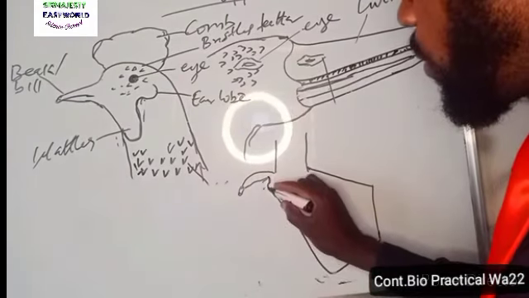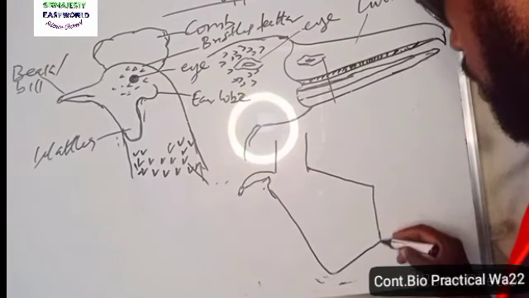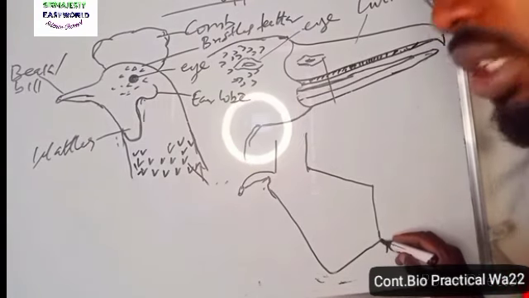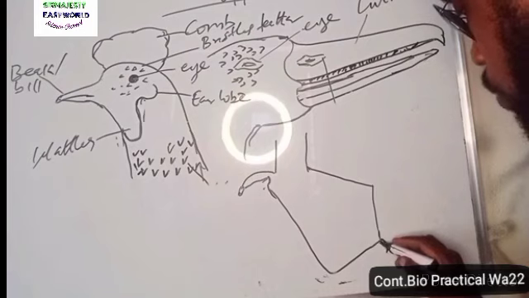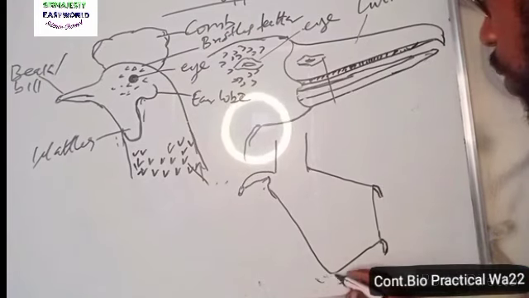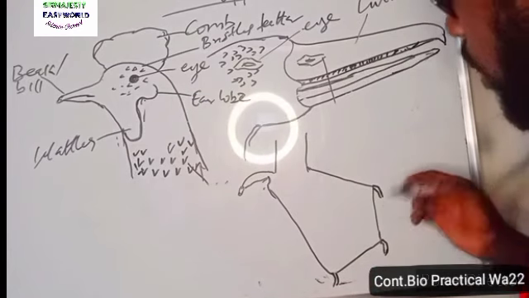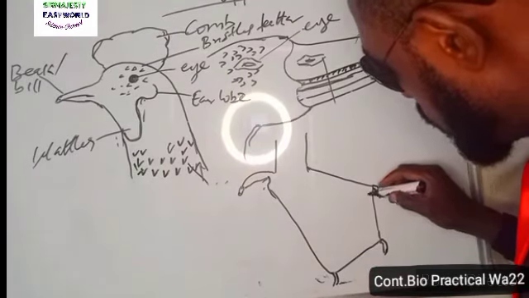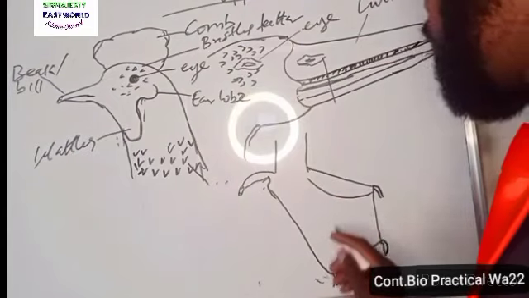What you will do is put curves on each of these edges. Then, very simple way, you just divide the toes.